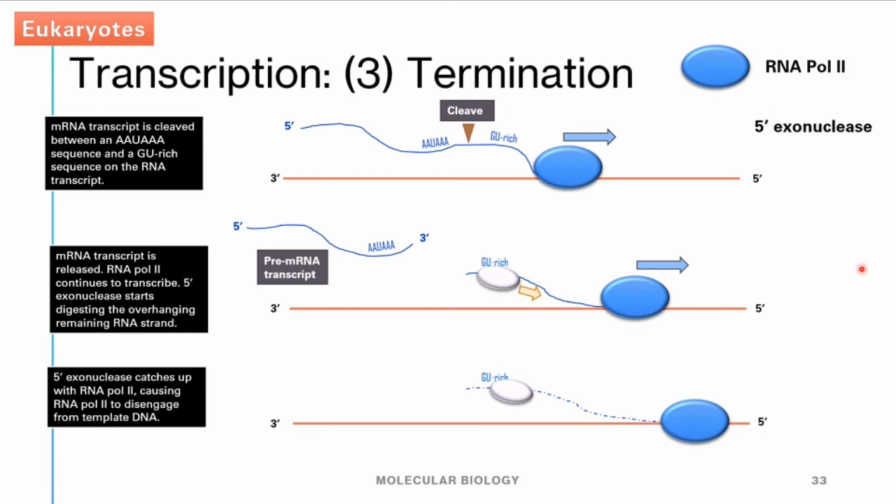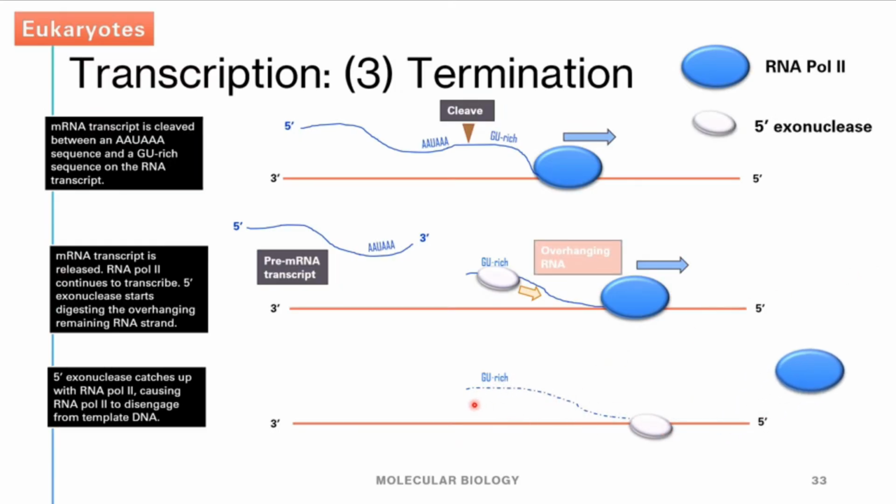After the binding of the 5' exonuclease, it's going to move along the RNA, digest away the RNA, all the way until it reaches the RNA polymerase II. And from there, the RNA polymerase II is going to be dissociated from the template DNA, and this will terminate the entire transcription process.